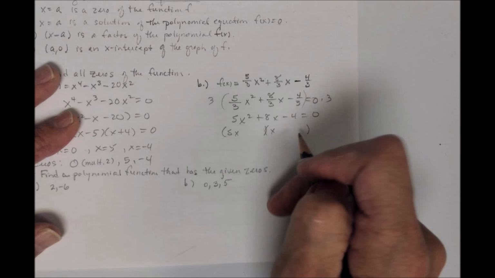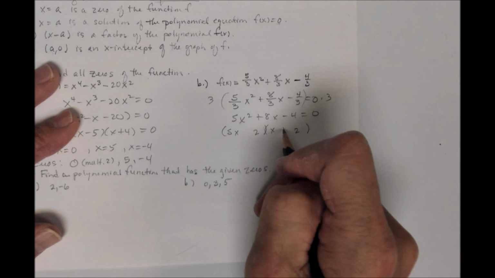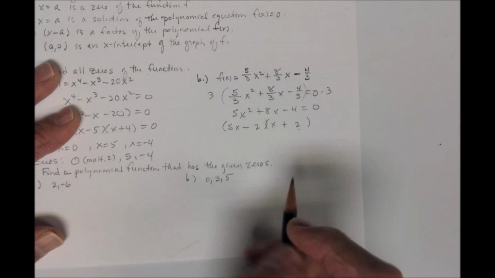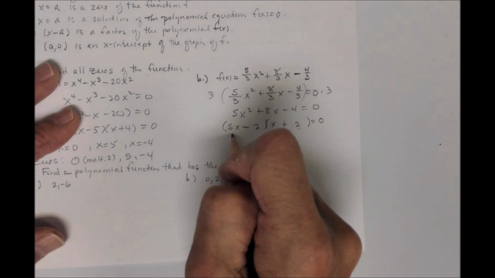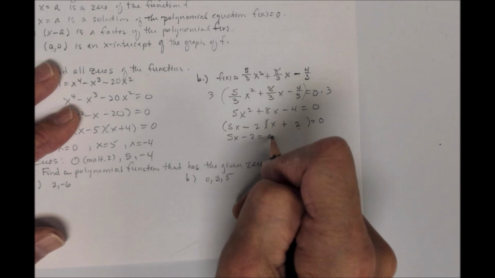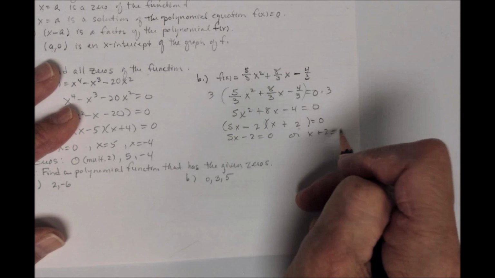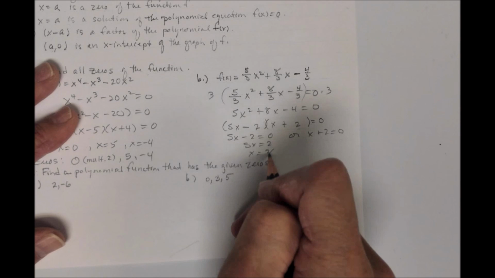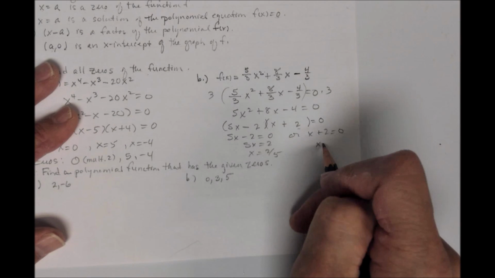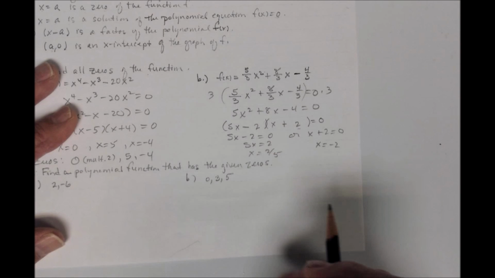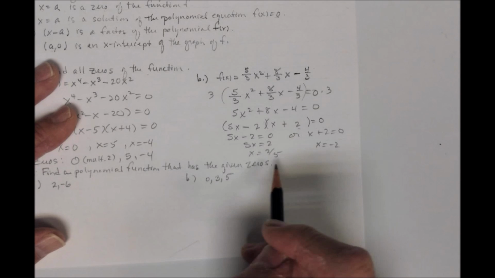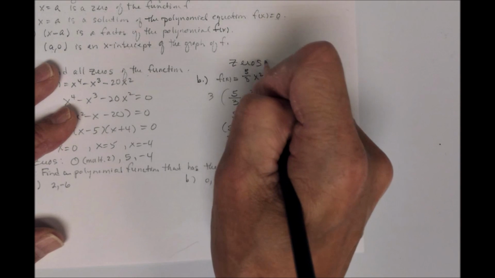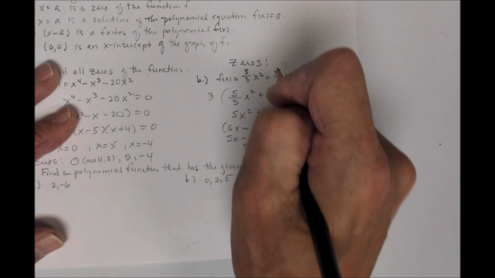I need a plus 2 here, so I get plus 10, and a minus 2 here to get the minus 2x, and that'll give me the plus 8 in the middle. So 5x minus 2 equals 0, or x plus 2 equals 0. Add 2, divide by 5, I get the fraction 2/5. Subtract 2, I get -2. No multiplicity is bigger than 1, so I have my zeros. Let's put it right up here, because I'm out of space: 2/5 and -2.